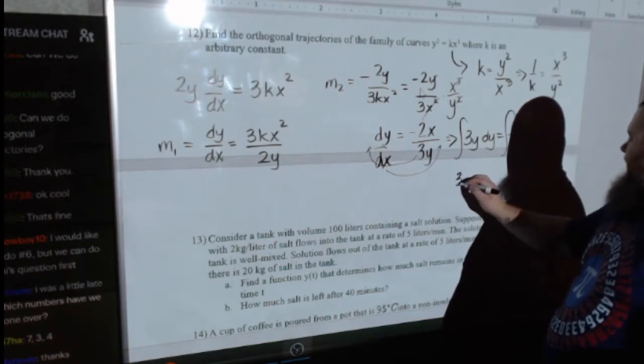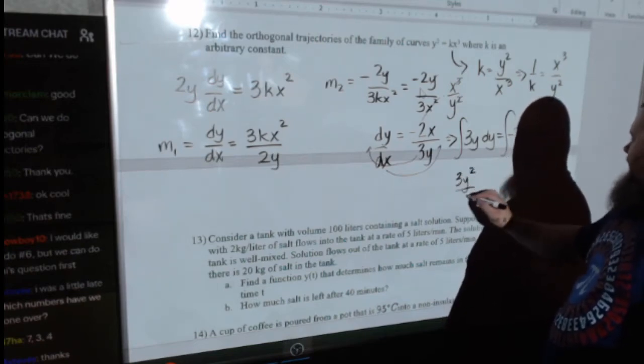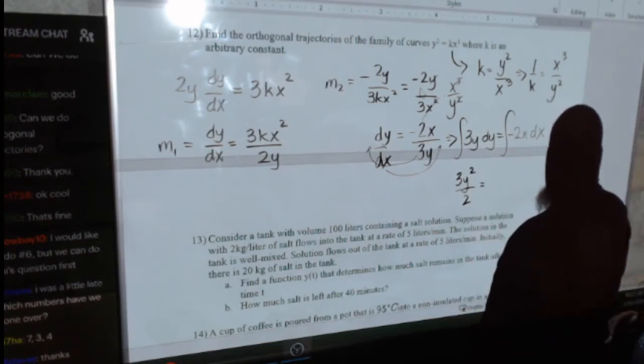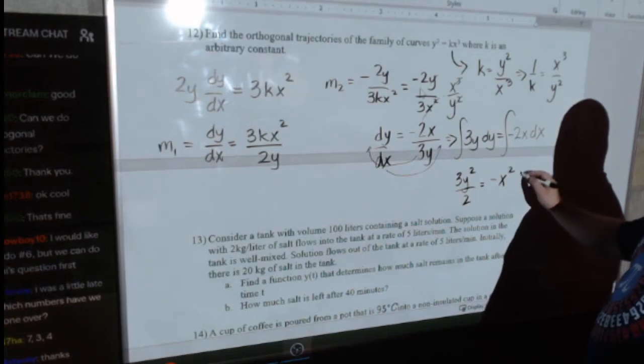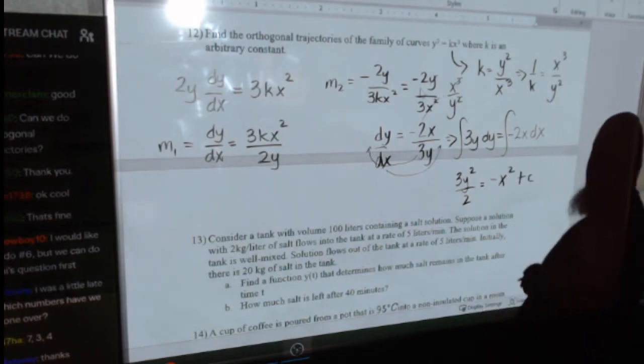So I'm going to get 3y squared over 2 equals minus x squared plus some constant.